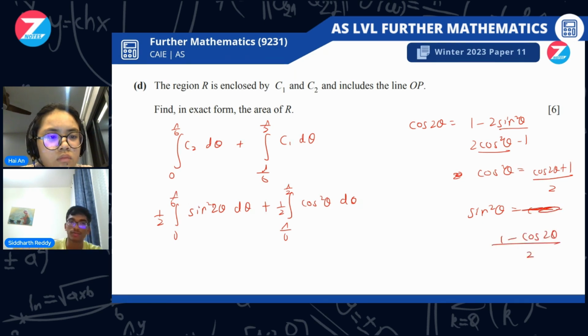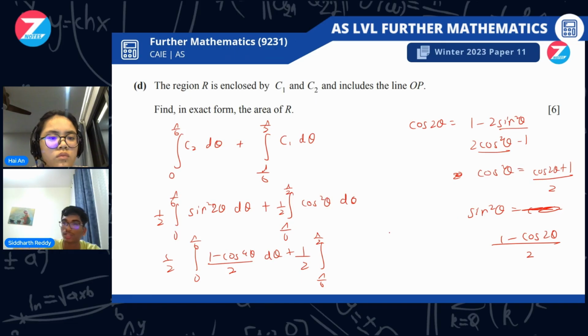Okay, so here we've got sin squared 2 theta, which means after plugging in 2 theta in place of theta here we get 1 by 2 integral from 0 to pi by 6 of 1 minus cos 4 theta by 2 d theta plus half integral from pi by 6 to pi by 2 of cos squared theta. We just found cos 2 theta by 2 plus 1 by 2, d theta.